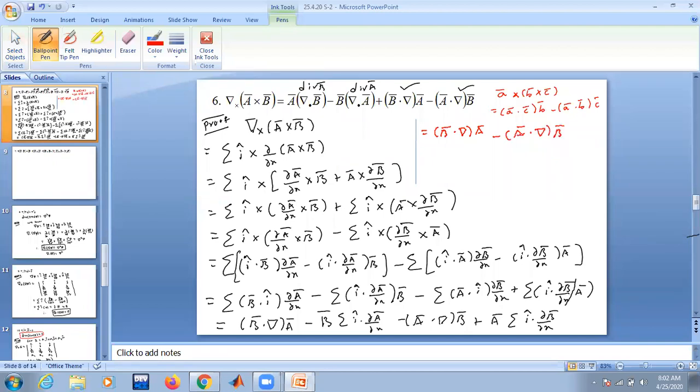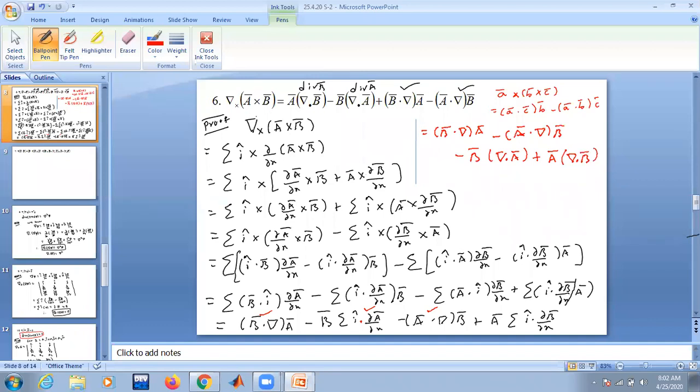I am writing the third term, these two terms are over: minus B bar into, can you identify this expression sigma I bar dot dou A bar by dou x? What is sigma I bar dot dou A bar by dou x? Del dot A bar. Plus, so this term is over, plus A bar into sigma I bar dot dou B bar by dou x, which is del dot B bar. Okay, so that is what we want to show.